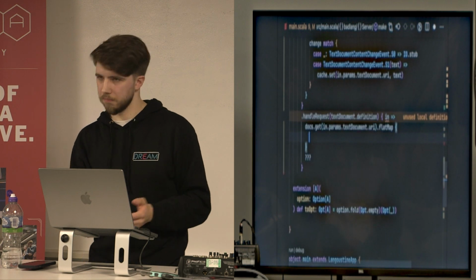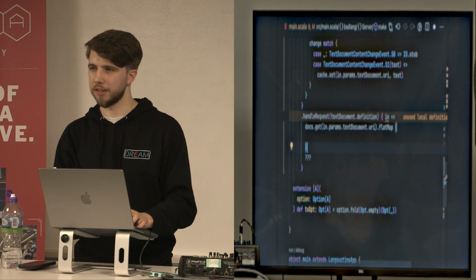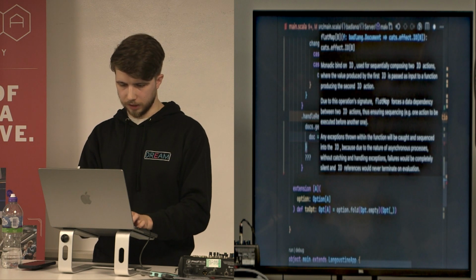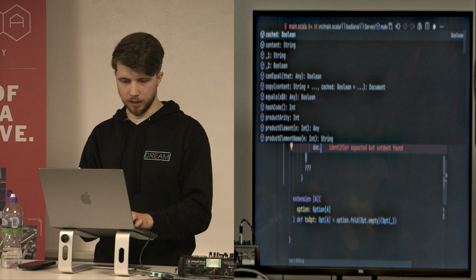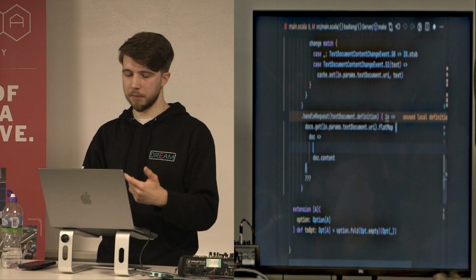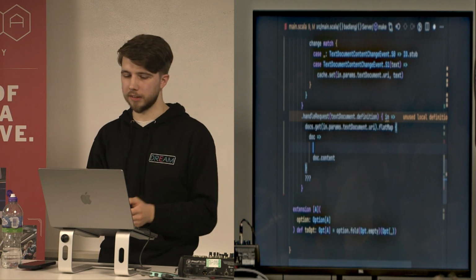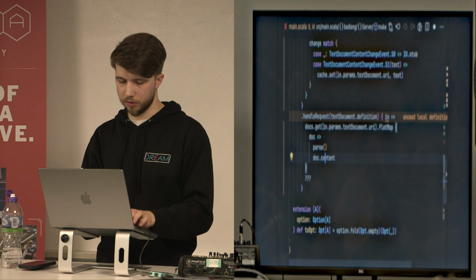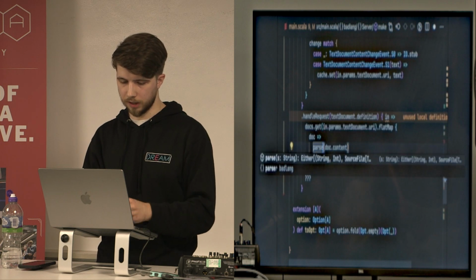If it fails, I kind of don't care, let's just fail. But that's going to be a document. The document has some content, which is a string. As I mentioned, I'll need to parse this and analyze it. Fortunately, the parser is already written, so I'm just going to parse it like that.